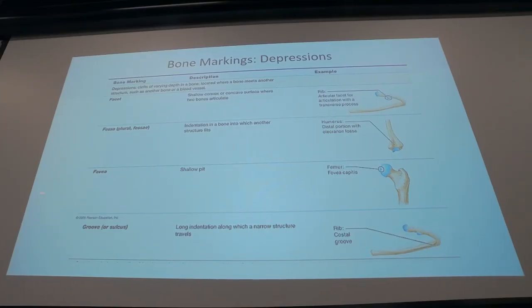Now we have foveas. It's a shallow pit, found in specific areas like the head of the femur. The head of the femur has a central depression. It's a shallow pit. This is called fovea capitis. Capitis stands for head.